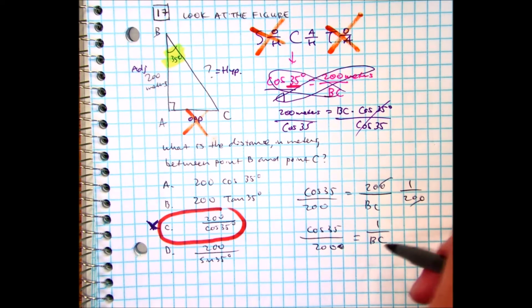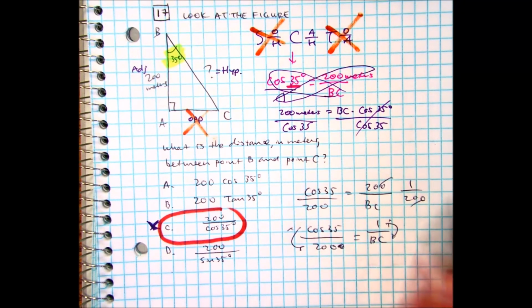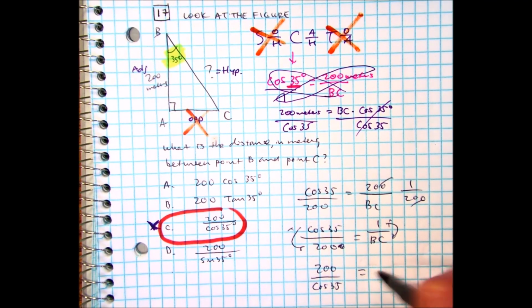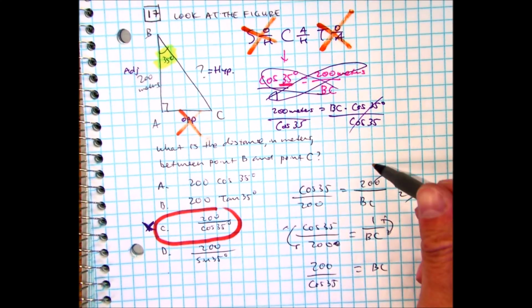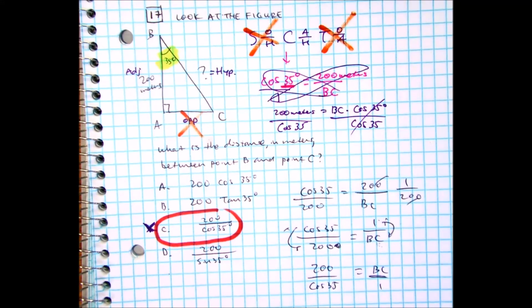And then to solve for BC, you can take the reciprocal on both sides, and you'll get 200 over cosine of 35. That would work as well. So a second way of solving the problem. And the reason why I wanted to show you that is this. When you have the variable in the denominator, make sure that you're getting the answer so that it's in the numerator. Does that make sense?